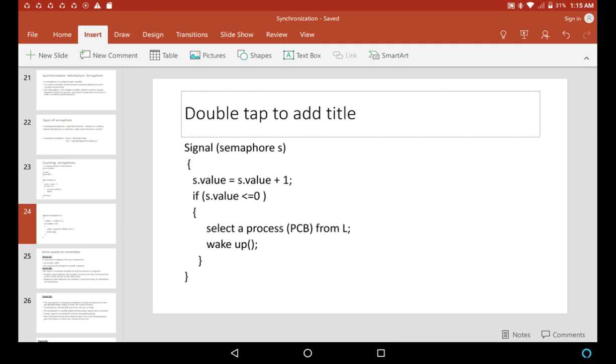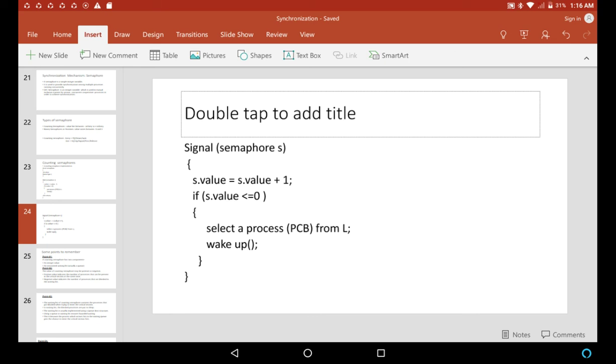Now for taking some examples, what types of questions are asked in the GATE exam on this semaphore part or the operations in semaphore. Suppose at any point s is equal to 10, that is, the semaphore value is equal to 10. So how many processes can successfully enter the critical section? Can anyone tell? One by one, if a particular process wishes to enter the critical section, it has to execute the wait operation.